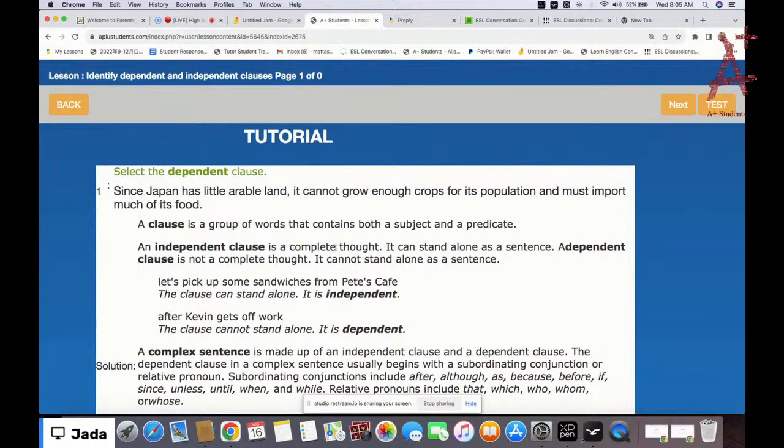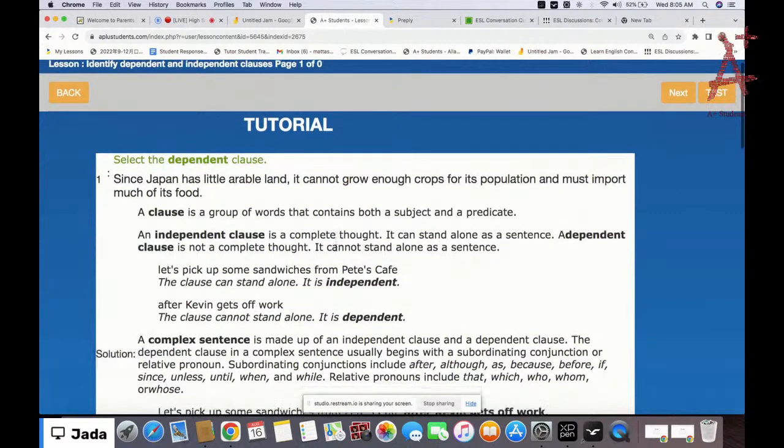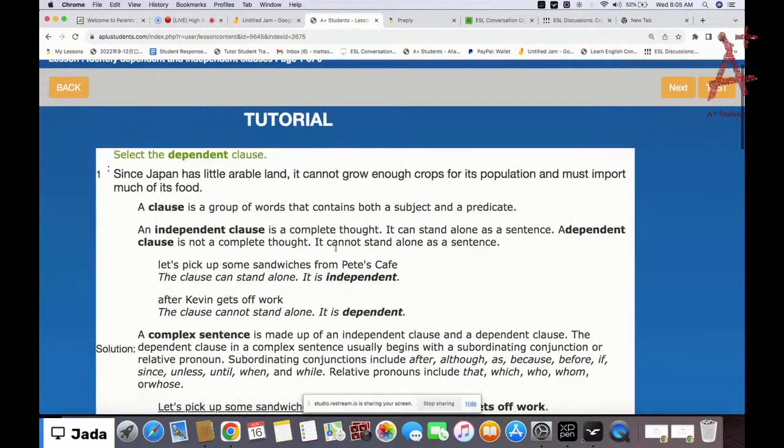And then when you say after Kelvin gets off work, it is dependent because the clause cannot stand alone. What happens after Kelvin gets off work? We have no idea, right? So apparently something is missing in the sentence, and it cannot stand alone as a complete thought. After Kelvin gets off work doesn't make sense, so it cannot stand alone.